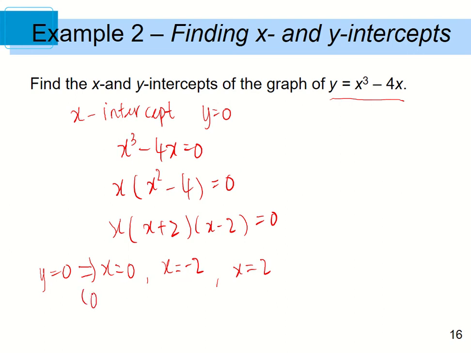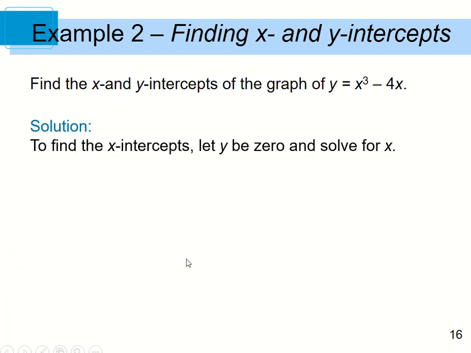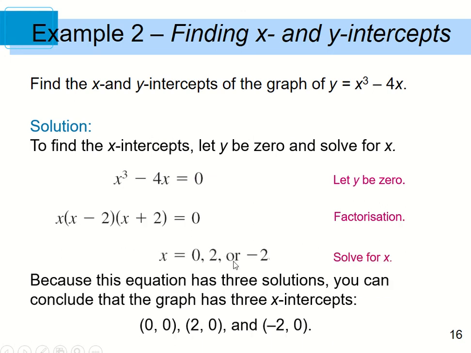The first one is (0, 0), the second one is (negative 2, 0), and the third one is (2, 0). This is how we look for the x-intercepts. This is the solution.